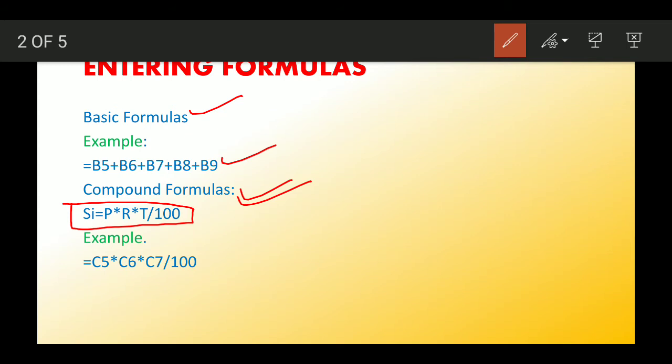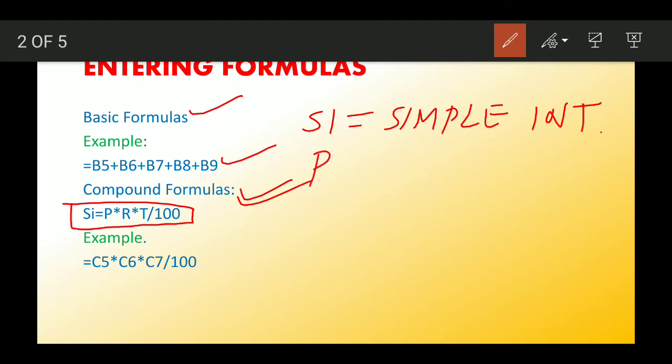Here SI is simple interest, and P is the principal amount.